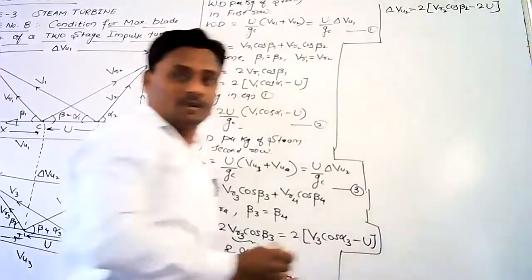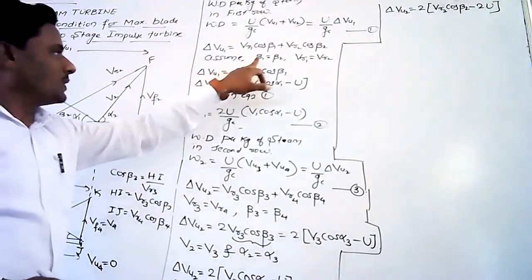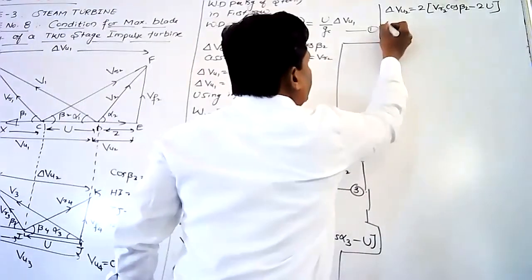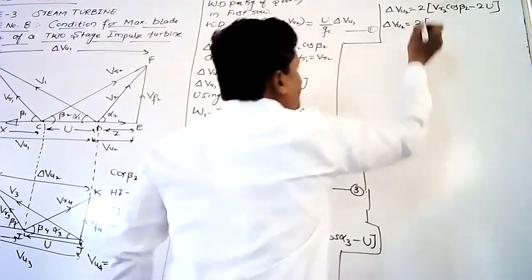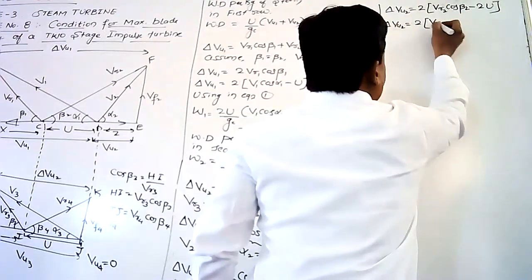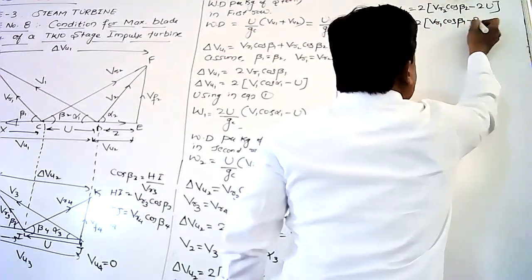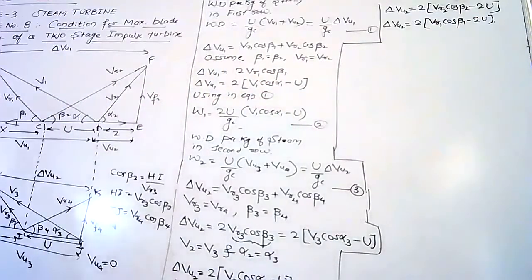In doing the assumptions, we have seen that VR1 equals VR2 and beta 1 equals beta 2. So right here, delta VU2 equals 2 times VR1 cos beta 1 minus 2U as it is.